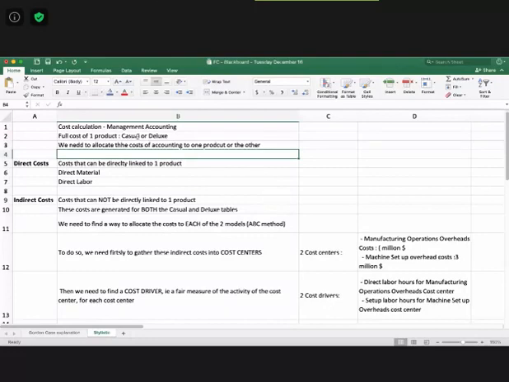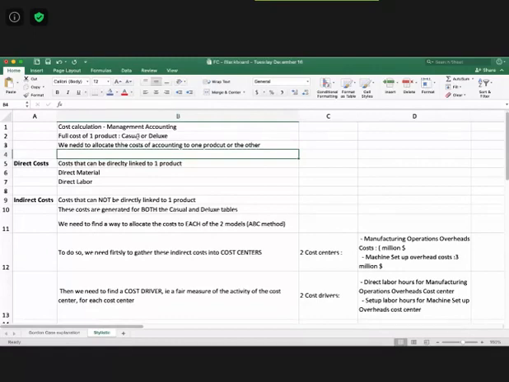You need to be able to say to yourself, okay, is this cost linked to casual tables or is it linked to deluxe tables? So you can allocate all the costs that you have in accounting, which are recorded by nature of the cost. Is it a purchase? Is it a tax? Is it a wage? Is it electricity, and so on, into costs that you allocate to deluxe or to casual tables. So you need to find a way to allocate the cost to one product or the other.